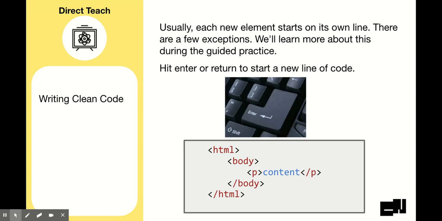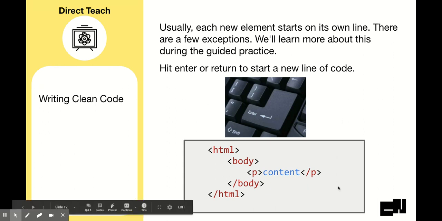There are a few exceptions, and we'll talk more about this during guided practice, but making it really neat and readable makes it easier for others to understand our code and also for you to understand your code as well. To start a new line of code, you can hit enter or return, and here you see how each element is on its own line.